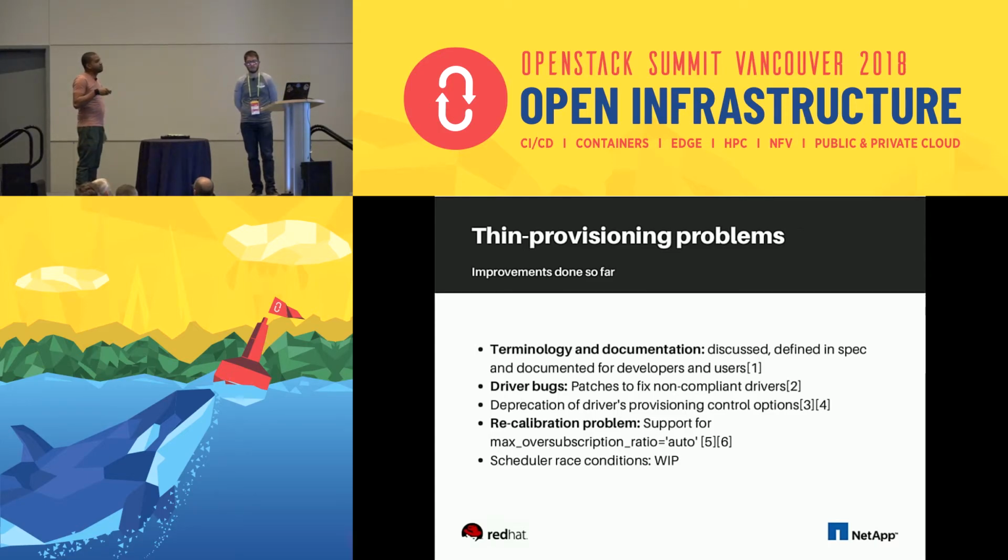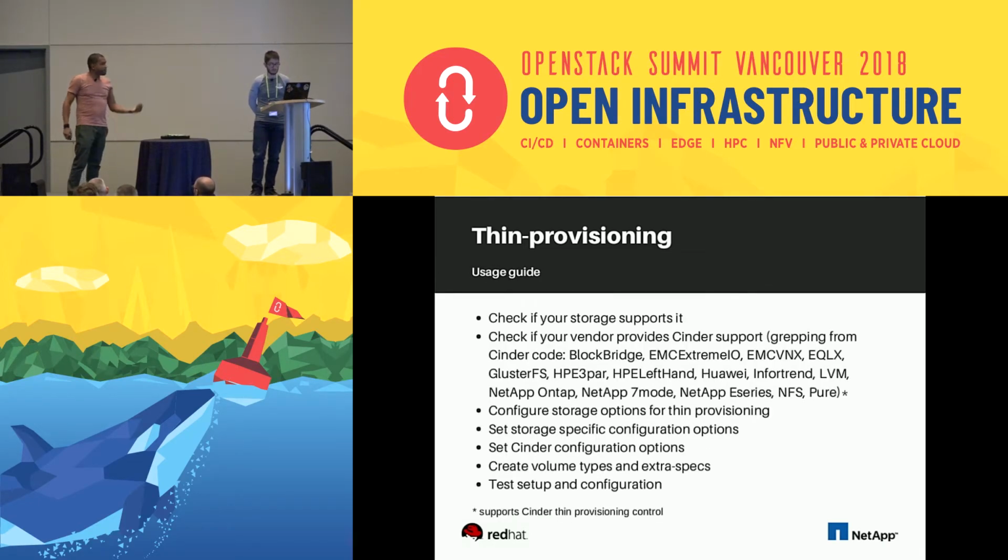There's a big list of bugs fixed from Liberty until Queens. We deprecated some driver-specific ways of doing thin provisioning. We added support for a new way of using the max oversubscription ratio, which now you can set to auto, so you don't have to go and change it every time that you reach that limit. And also, we're still working on the race conditions that happen in the scheduler.